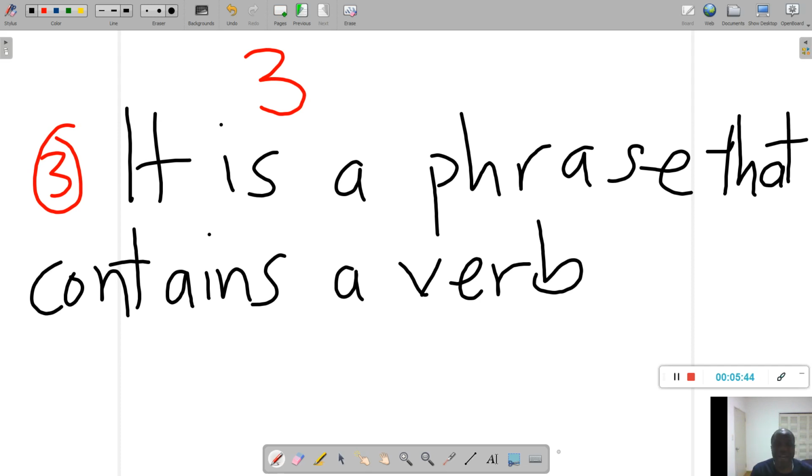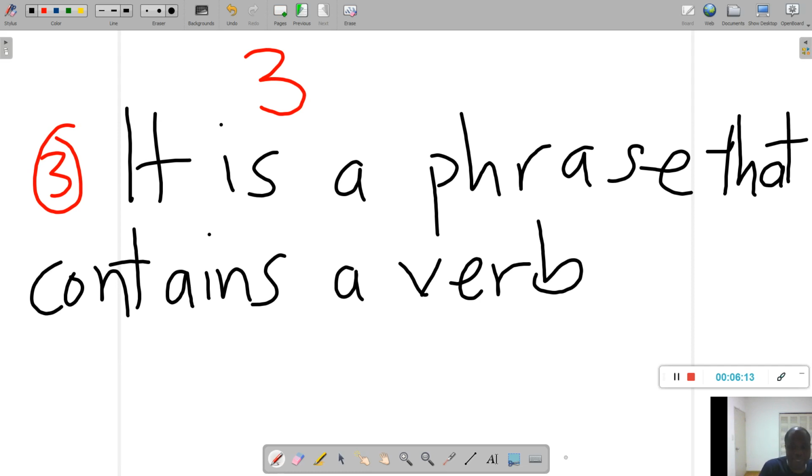Sentences are categorized into two parts. The first part is the subject, and the second part is the predicate. The subject is the nouns and pronouns, and the predicate is the verb together with all other things.